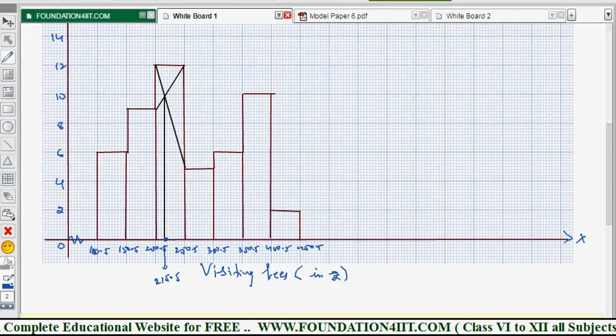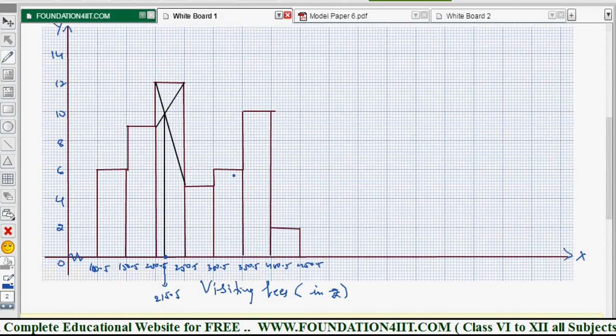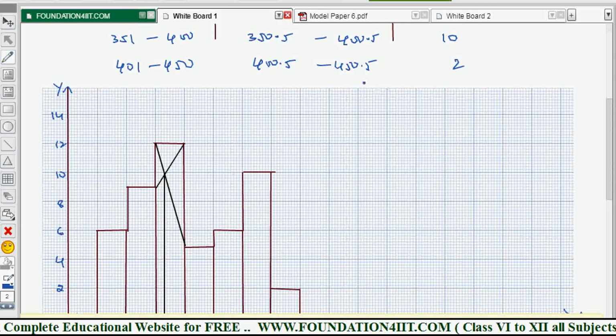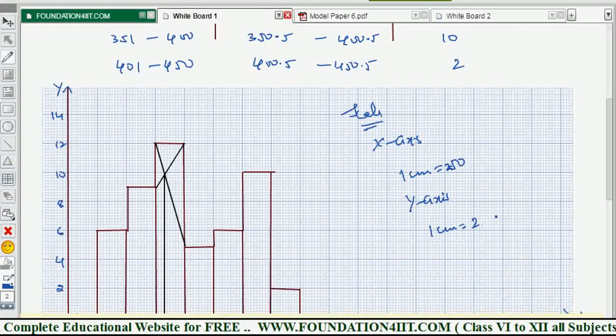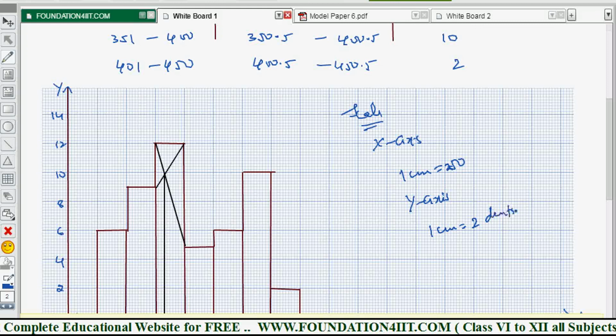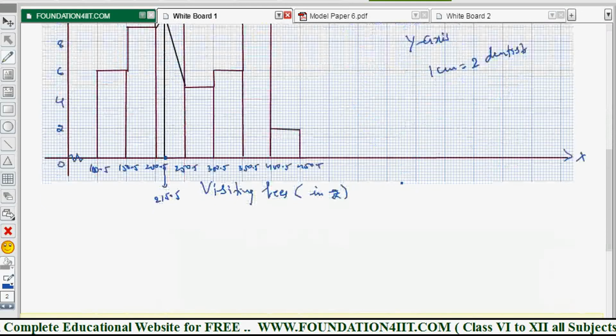So where it touches the x-axis, that is the modal class. You should write the scale also. That is x-axis 1 centimeter is rupees 50, that means 50 units. And y-axis 1 centimeter is 2 dentists. We have taken both of these. So where they join, that is the mode.